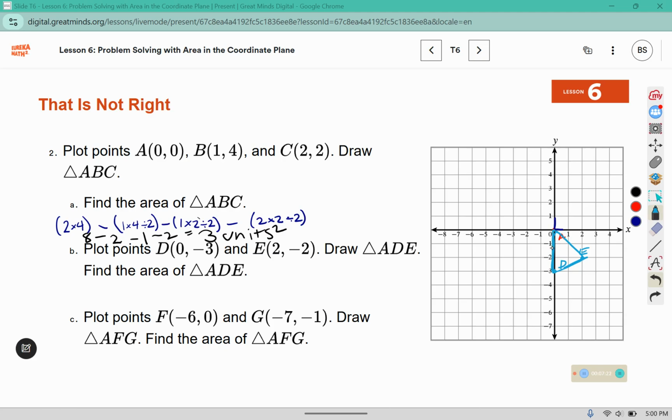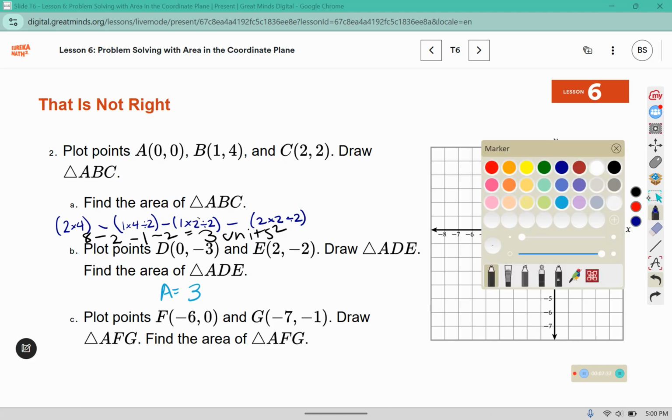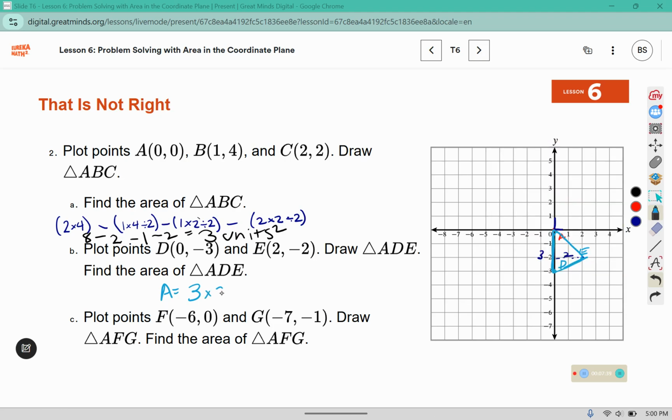This one has a straight side here, which is 3 units. If we draw in the height, this has 3 as the base and 2 as the height. But it's a triangle, so it's base times height divided by 2. 3 times 2 is 6. 6 divided by 2 is 3. Area gets units squared.